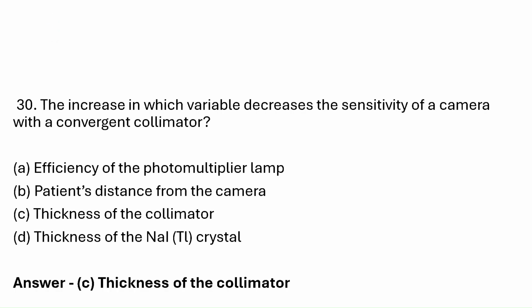So if we increase the thickness of the collimator, definitely the scattered radiation will be stopped, and there will be a decrease in the sensitivity of the detector. So the right answer will be the thickness of the collimator.